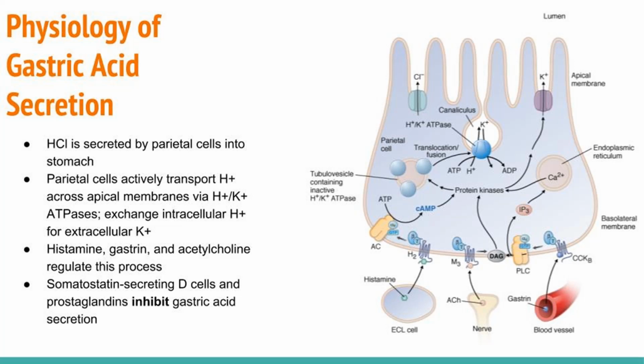An apical membrane chloride channel couples chloride efflux to hydrogen efflux, and an apical membrane potassium channel recycles potassium out of the cell. The net result of this process is the rapid extrusion of hydrochloric acid into the stomach lumen. In addition to its direct effect on CCKB receptors on parietal cells, gastrin also stimulates CCKB receptors on ECL cells to promote histamine release.